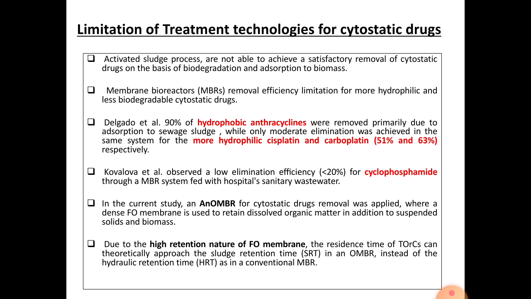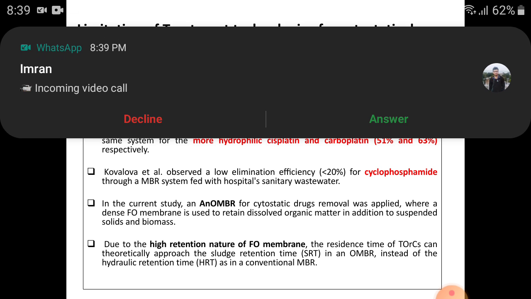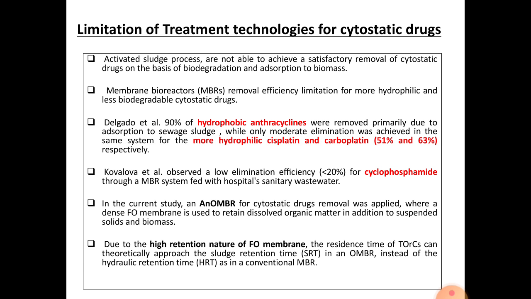So in the current study, an anaerobic osmotic membrane bioreactor for cytostatic drugs removal was applied, and the forward osmosis membrane was used because of its high retention nature, and the residence time of the trace organic compounds can theoretically approach the sludge retention time in an osmotic membrane bioreactor. So this reactor, the anaerobic osmotic membrane bioreactor, is a good alternative for removal of these cytostatic drugs.